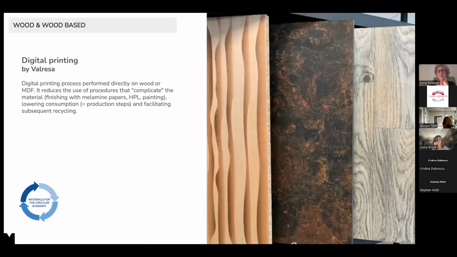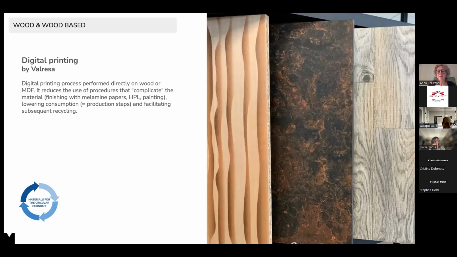Then, when it comes instead to solutions that improve the circularity of materials, this is a printing technology provided by Valresa to digitally print directly on chipboard or on MDF, providing decorative effects with a very thin protective layer, reducing the complication of the material and making it more easily recyclable at the end of life.